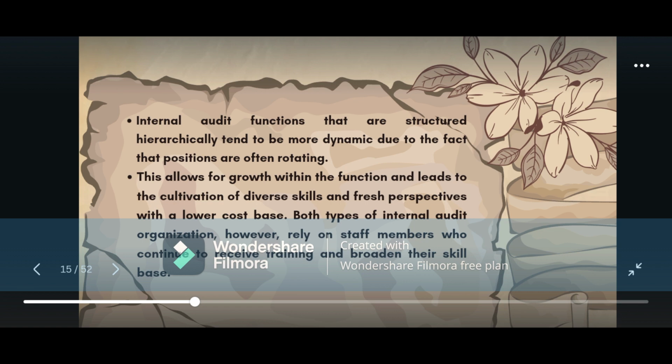This allows for growth within the function and leads to the cultivation of diverse skills and fresh perspective with a lower cost base. Both types of internal audit organizations, however, rely on staff members who continue to receive training and broaden their skill base.